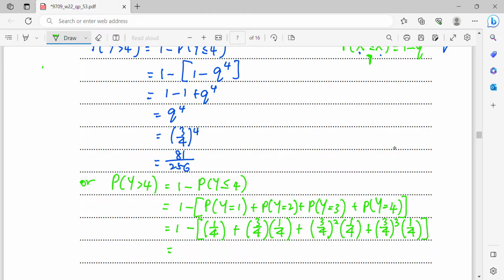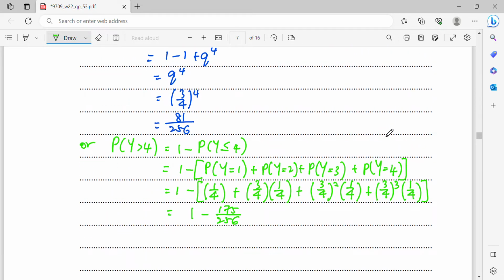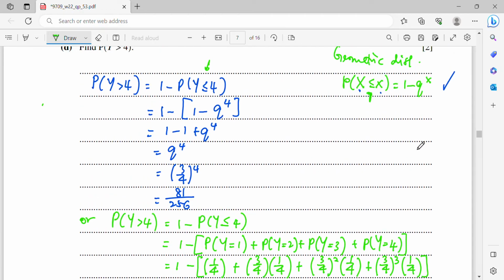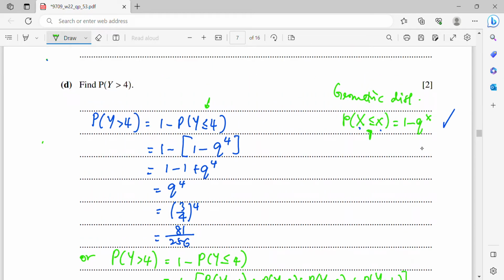So when you add these, the brackets will be 175 over 256. So when you subtract this value from 1, you will get the same value as the previous method, which is 81 over 256. So you may leave your answer in fraction or correct to 3 significant figures. So it's very useful when you memorize this formula. It is mainly for geometric distribution.